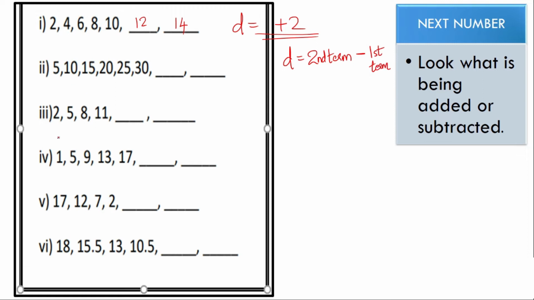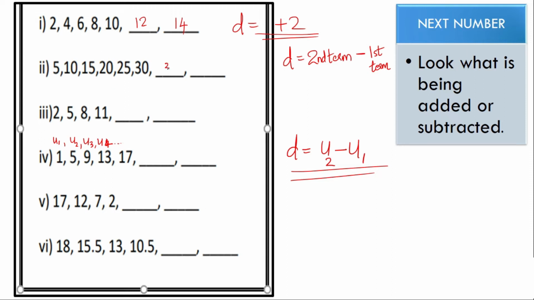Or if you name the first term U1, the second U2, and the third U3, then D, the common difference, will be U2 minus U1. That is one thing you have to take note of.